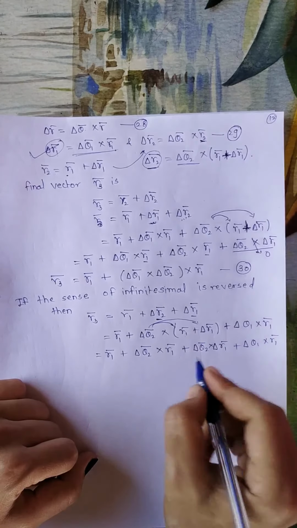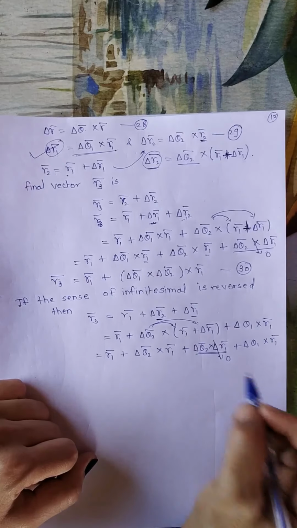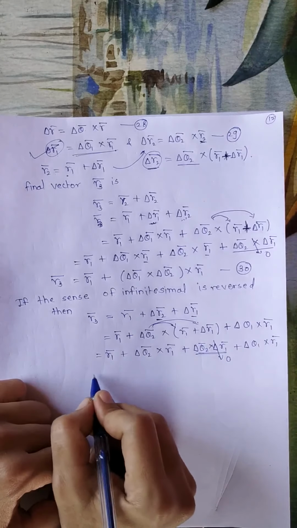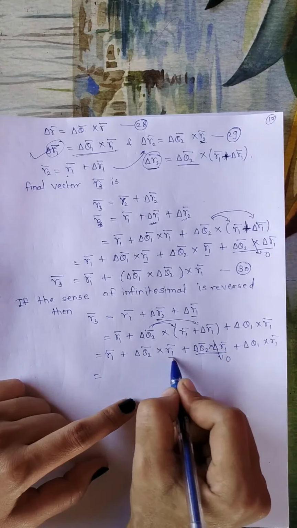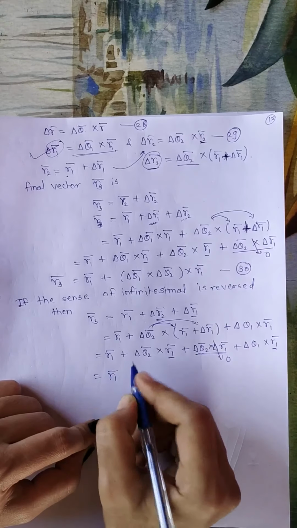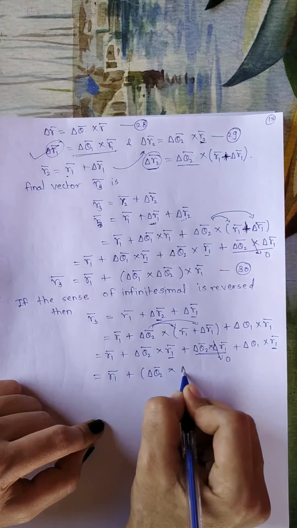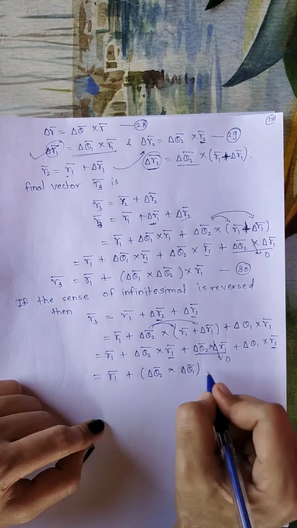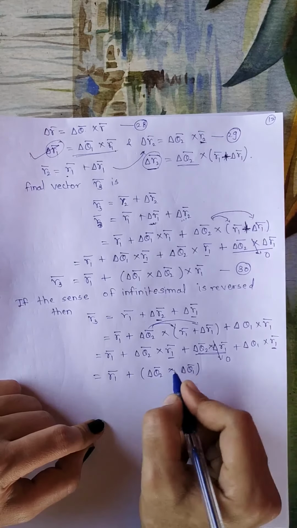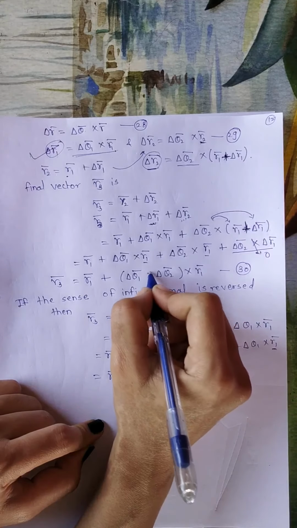Again, if you observe this middle term, this is a product of two very small quantities. We can take it as 0 or we can neglect this cross product. And after this, if you take r1 bar common, you will get r1 bar plus delta theta 2 bar plus delta theta 1 bar, and this is taken common. Here also by mistake we have written a cross.